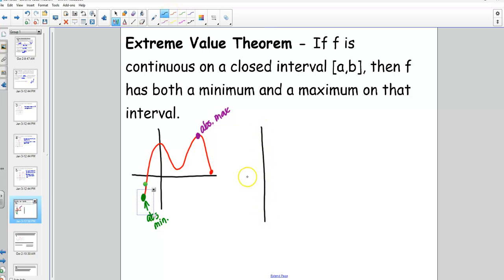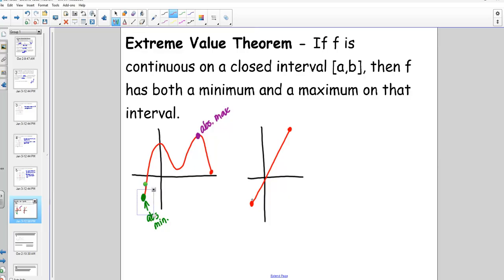What about if I just had a straight line like this? If it's on a restricted domain, now if it has arrows on the end, the extreme value theorem does not apply, right?